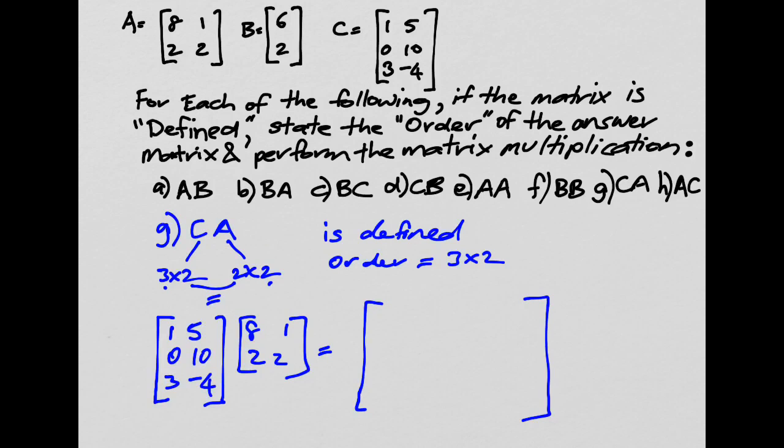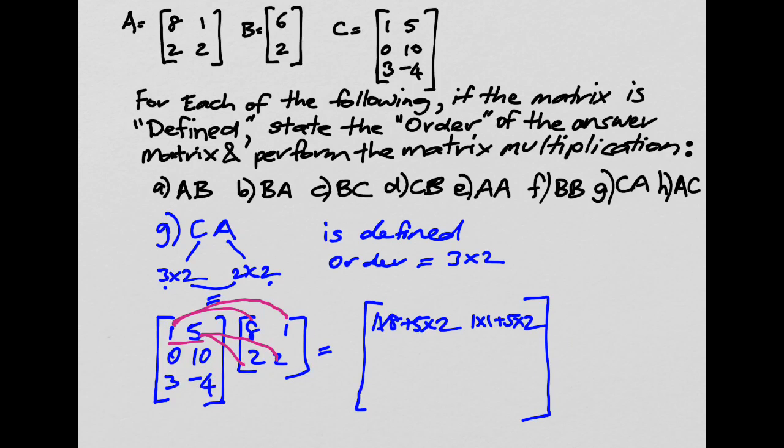Alright, let's work that out. So working with the first row, we've got 1 times 8 plus 5 times 2. And then working with the second column, 1 times 1 plus 5 times 2.